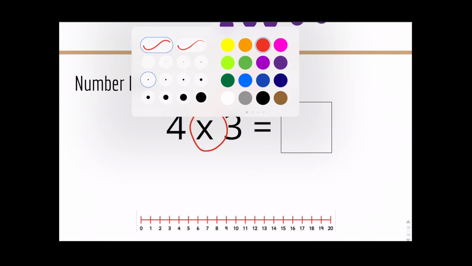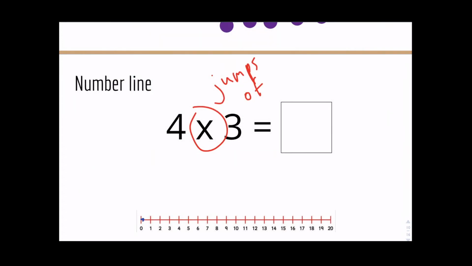So if we are starting at 0, well, we're jumping by 3s, and we're going to do that 4 different times. So 1, 2, 3, there's 1 jump. 1, 2, 3, 2 jumps. 1, 2, 3, that's 3 jumps. And 1, 2, 3, that's 4 jumps. And the number that we land on would be our answer, 12.